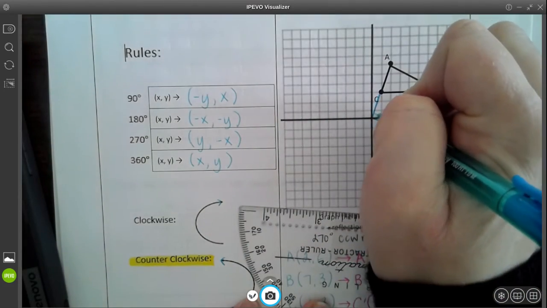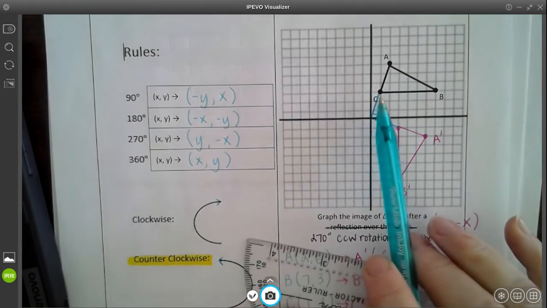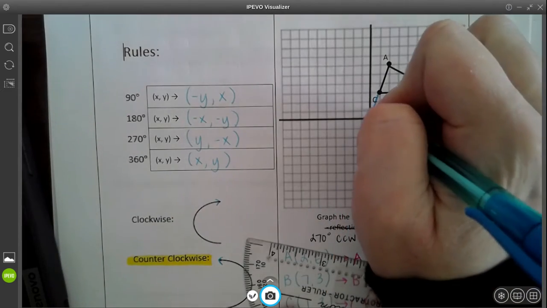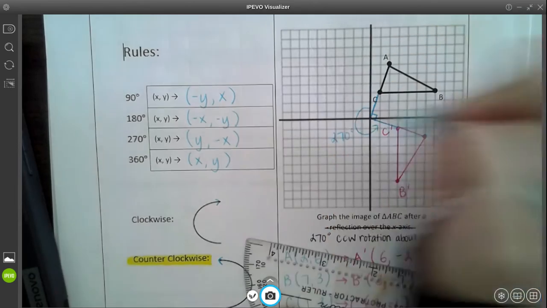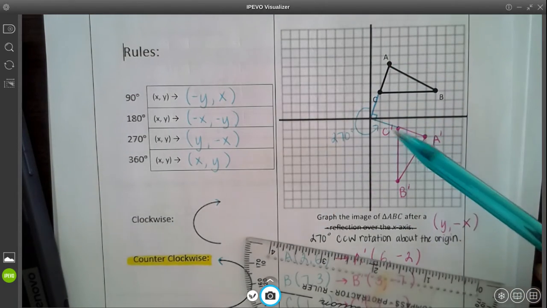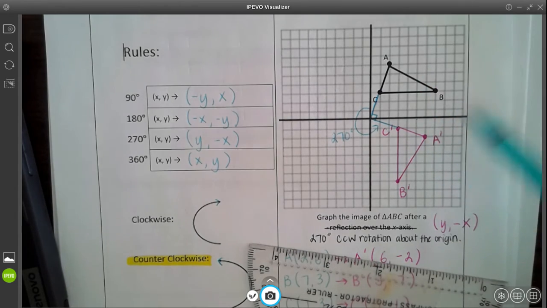And notice that I have a right angle here. Okay, that's a 90-degree angle because going 90 degrees this way is the same as going 270 degrees this way. Okay, and that would be the same for any points. If I were to connect A to the origin and then to A prime, I would also have a 90-degree angle there.